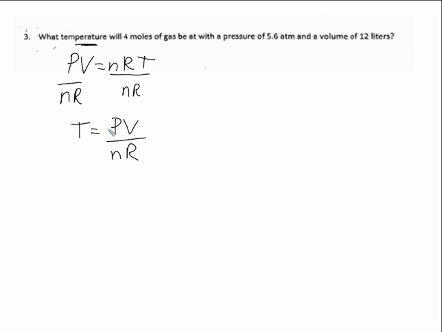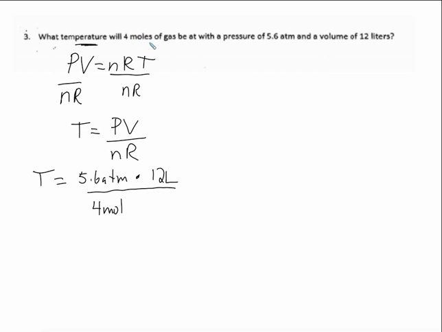Then I'm just going to plug in the numbers. So T equals pressure 5.6 atmospheres, times volume 12 liters, divided by the number of moles, which is 4 moles.